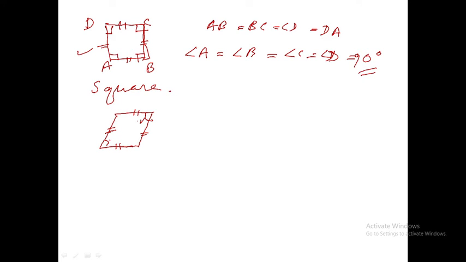This angle will be equal, and this angle will be equal. So that is a rhombus. Opposite angles are equal, opposite sides are also equal, and all sides are equal here.